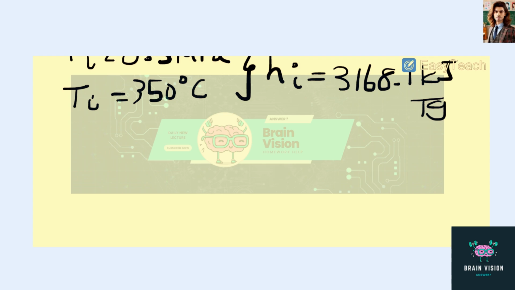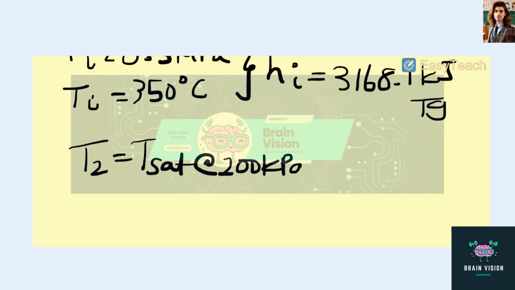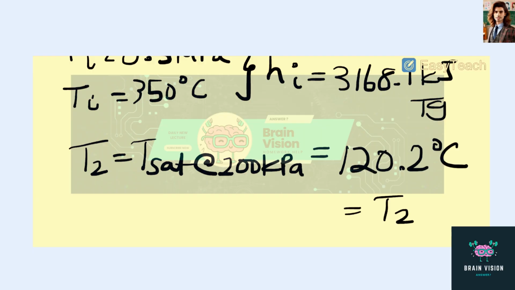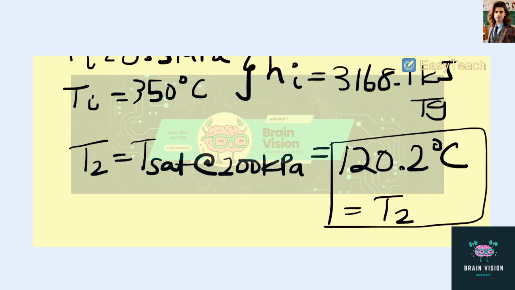So we know the final temperature, and we can also get this from the table: T2 is equal to T saturation at 200 kPa, which is 120.2 degrees C, and that's actually one of our answers. We saw that without really doing any calculation, just from the table itself.